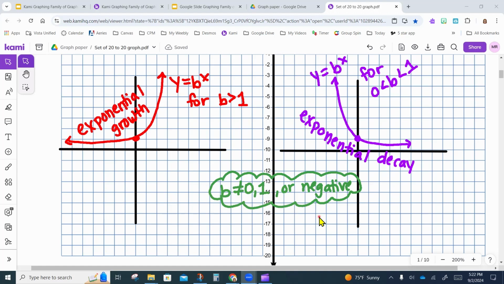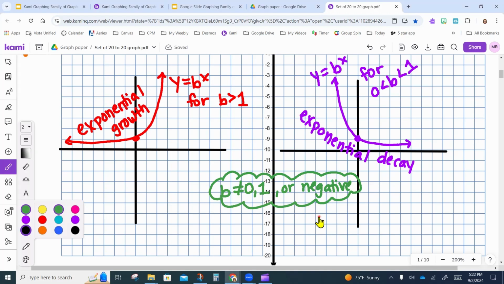Now, if I was to take this same graph here, where my b is greater than 1, but now I am going to make it be a negative in front of that same b to the power x. It is just going to become a mirror image. It's going to flip it across the x-axis like this.